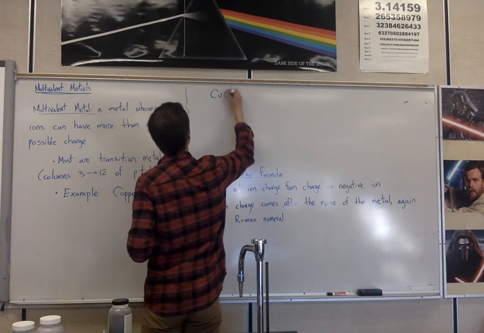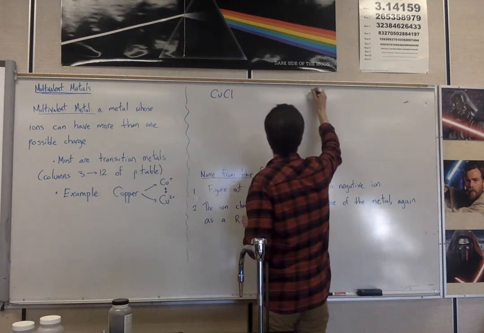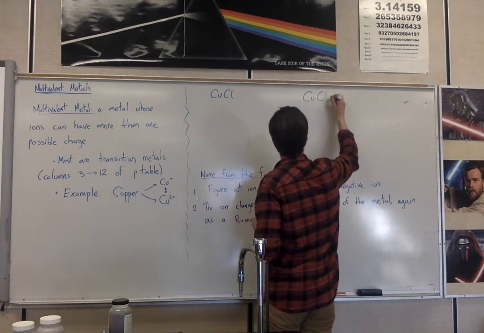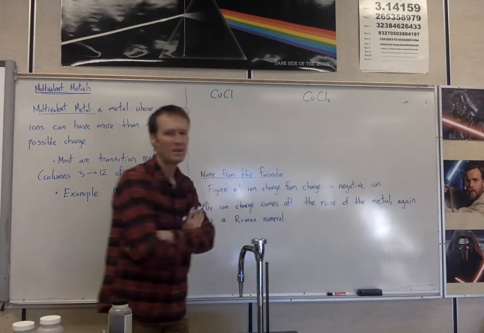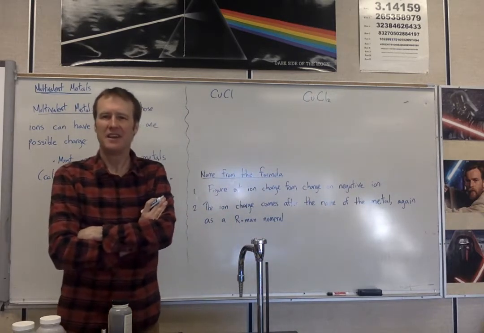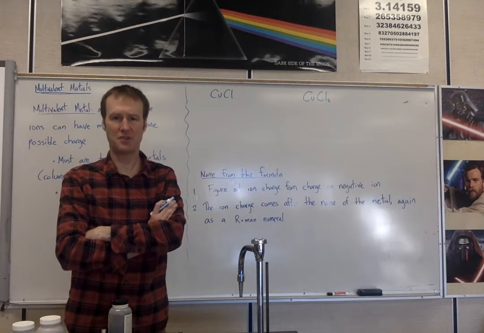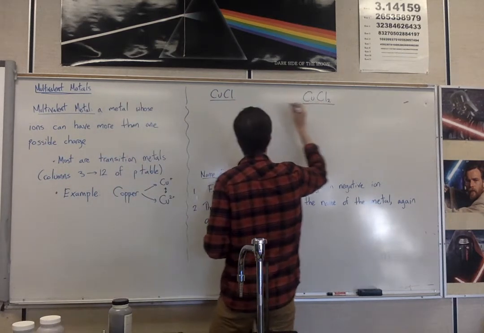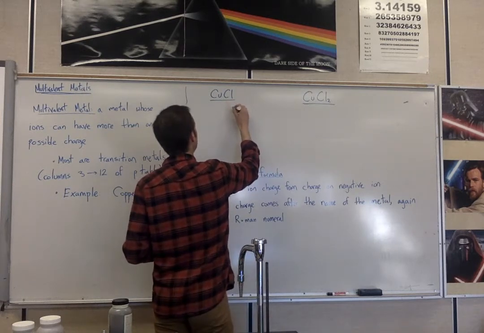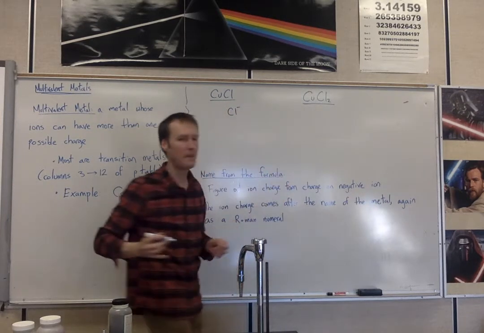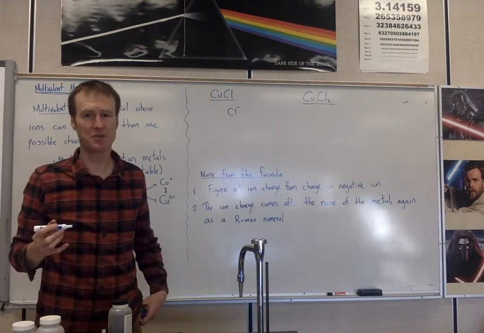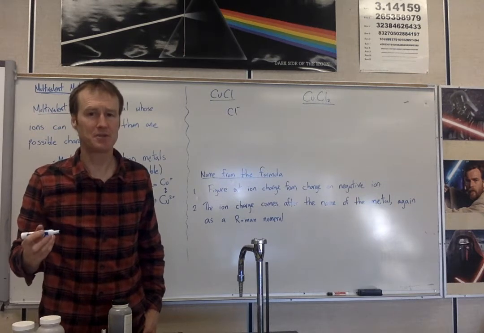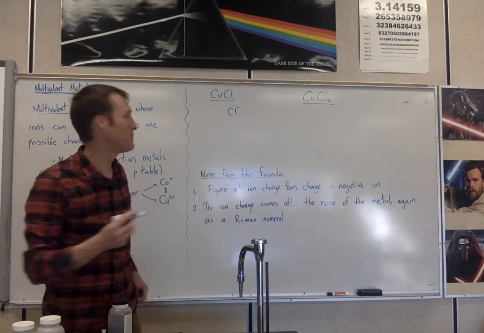What is the name for CuCl? What is the name for CuCl2? Well, now you have to figure out the charges. In CuCl, we have just one chloride. Each chloride has a -1 charge. We know the charges must always balance. The pluses always balance with the minuses.